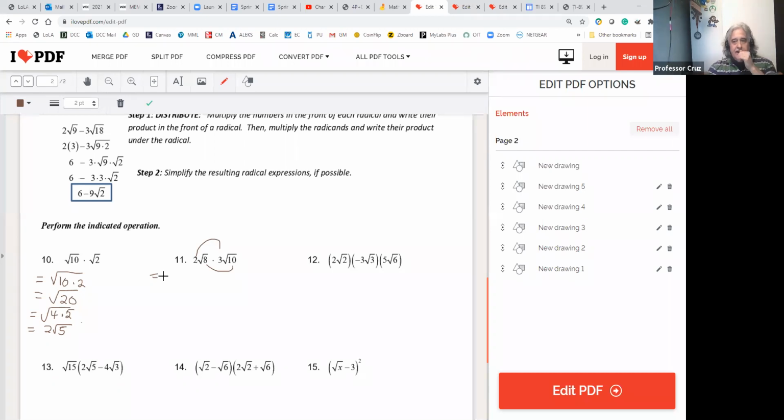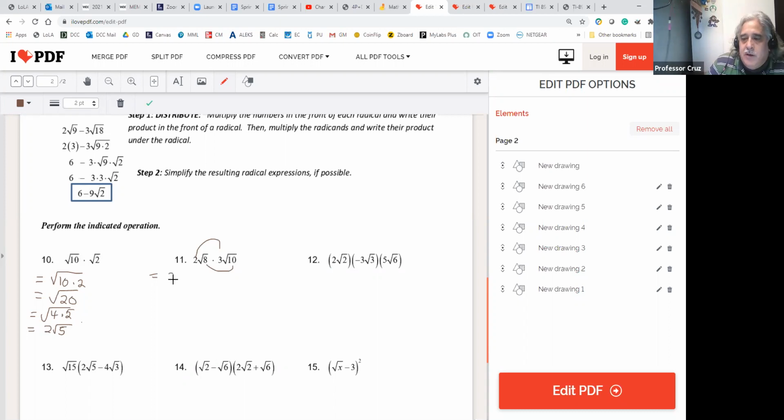Now, these are going to change here in a second, because this is where the variables are different from the radicals. The radicals multiply inside just like regular numbers. So it's a little bit different from variables, because with variables, remember, we had the rule that if they're like bases, then we can add the exponents.